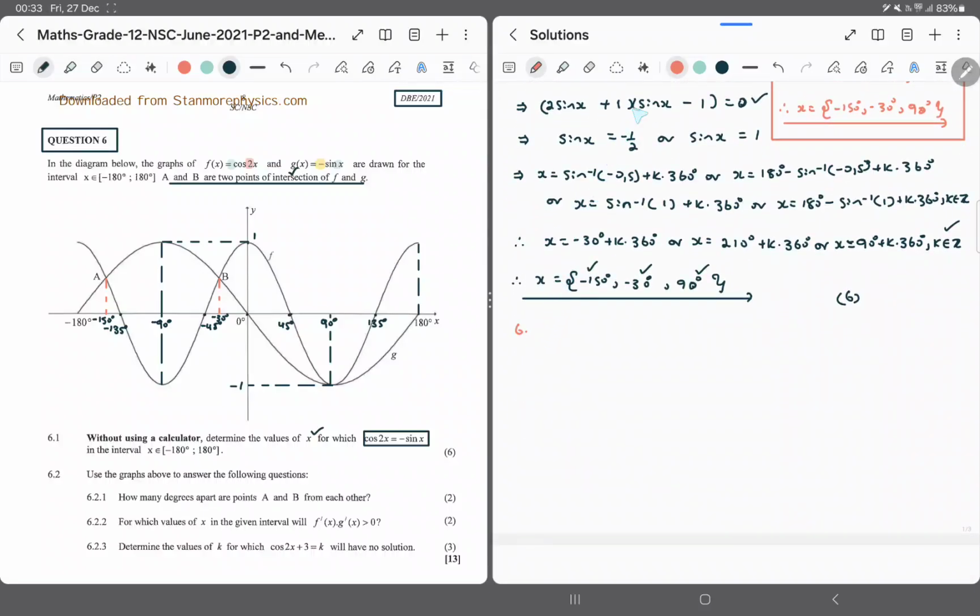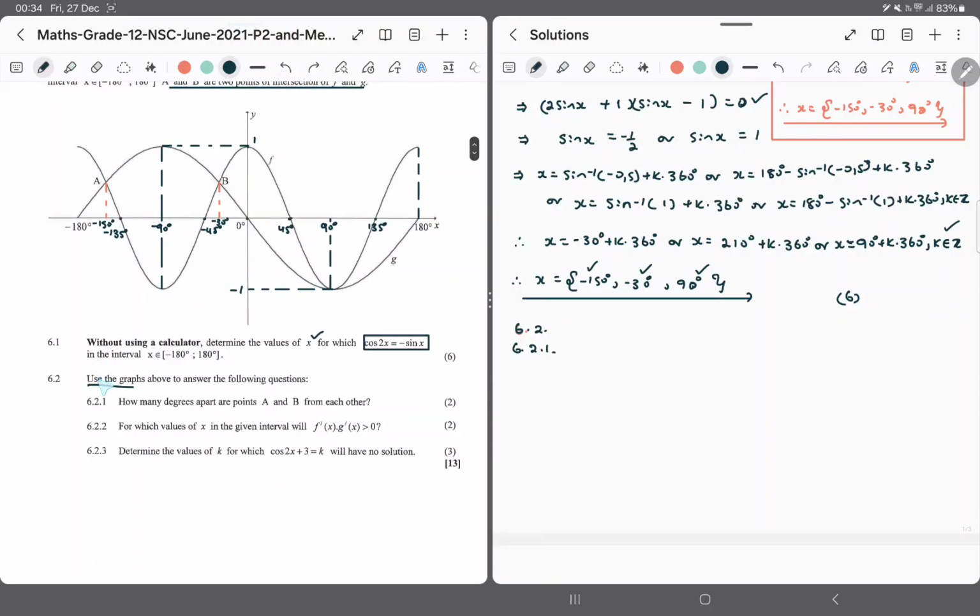So we've got 6.2, with 6.2.1. Now, we are told to use the graphs. Use the graphs. Now, this is a very strict instruction. Sometimes it's not highlighted so that you miss the idea. How many degrees apart is points A and B from each other? So basically it just tells us what is the size of AB.